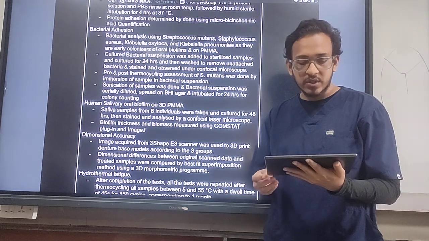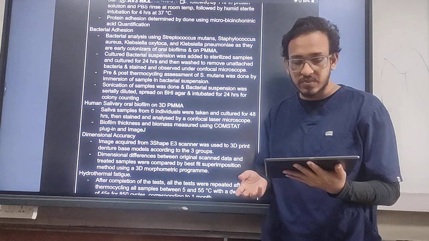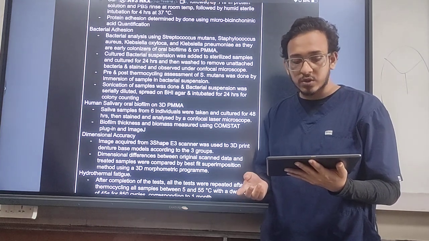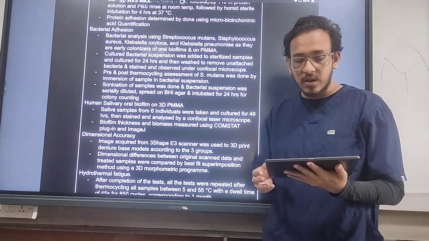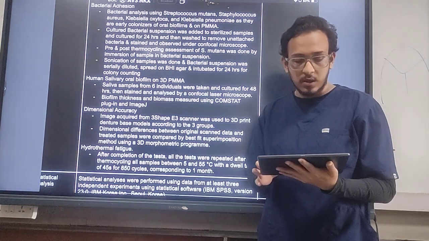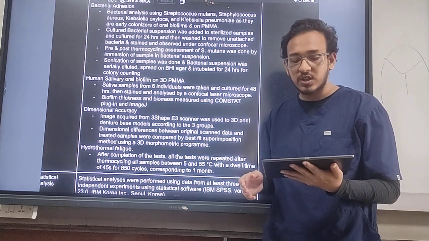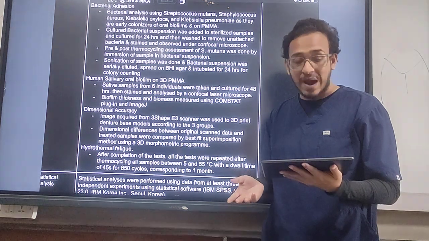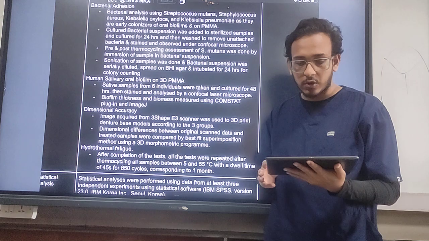Bacterial adhesion. The bacterial adhesion was tested using Streptococcus mutans, Staphylococcus aureus, Klebsiella oxytoca, and Klebsiella pneumoniae, as they are early colonizers of biofilm on PMMA according to previous studies. Cultured bacterial suspension was added to sterilized samples and cultured for 24 hours and then washed to remove the unattached bacteria, then stained and observed under the confocal microscope.